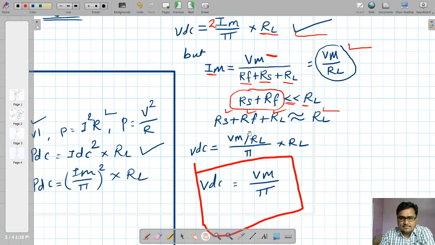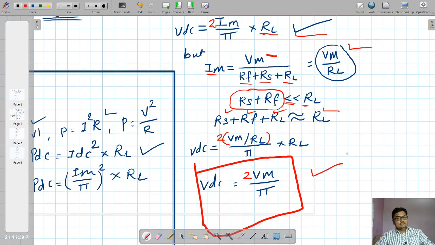Put the value of Im: twice Vm divided by RL, divided by pi, multiplied by RL. So RL will get cancelled, and the only thing remaining is twice Vm divided by pi. So this is the average voltage we are getting when we use full wave rectifier.